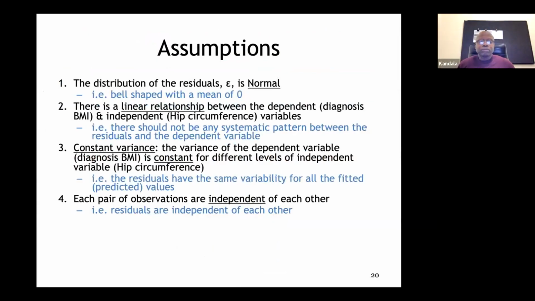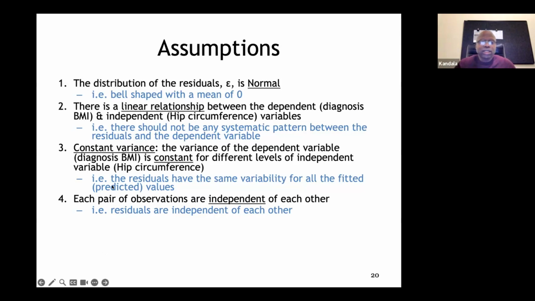So the assumption of residuals being normal means that they must follow a normal distribution, the Gauss distribution, which is a bell shape with a mean of 0 and equal variance.